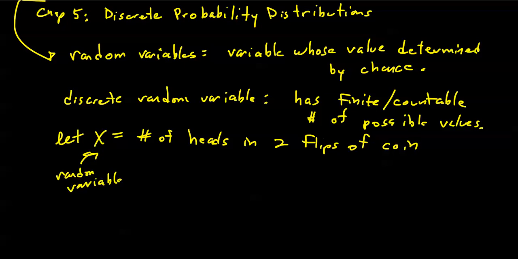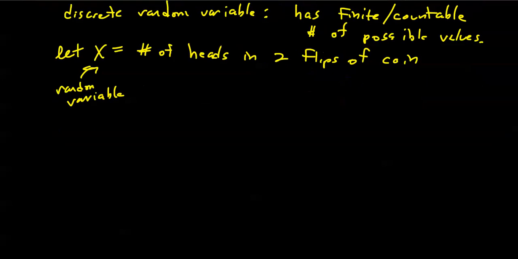X can attain any of three values, namely 0, 1, or 2. Because x is a discrete random variable with a finite number of values, we can list those values. X can be 0 heads in two flips, 1 head in two flips, or 2 heads in two flips.